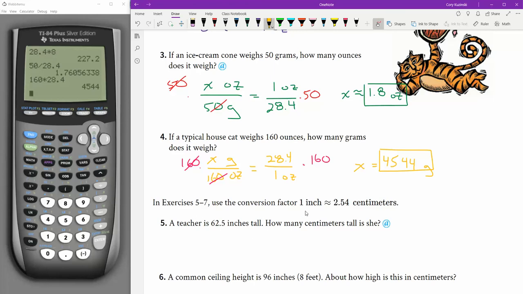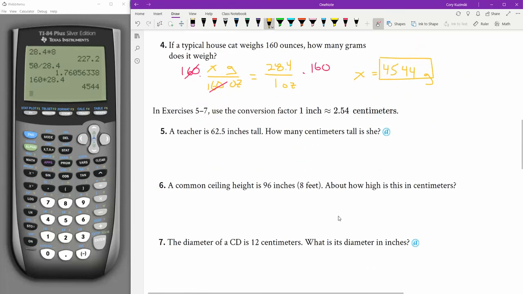Use this conversion factor. 1 inch is about 2.54 centimeters. That looks familiar because that's the one we used today in class. All right. Teacher is 62.5 inches tall. How many centimeters tall is she? So I'm going to go x centimeters is 62.5 inches. And then the ratio we figured out is that 2.54 centimeters is 1 inch.